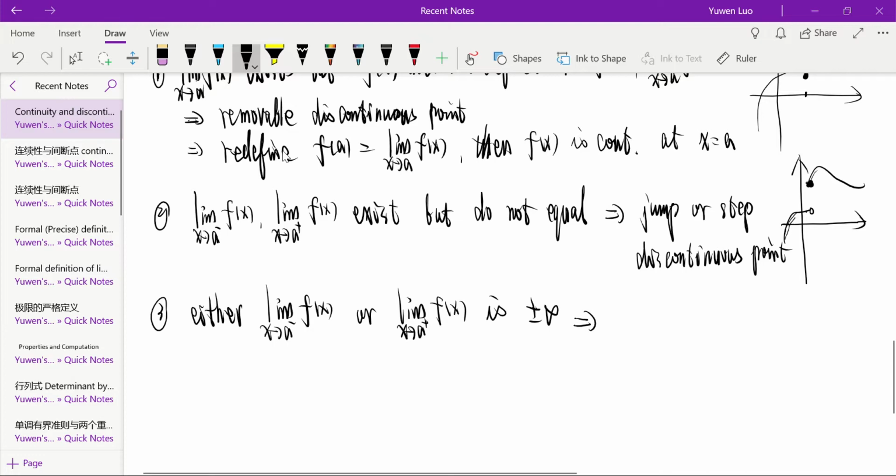We call this type of discontinuous point an infinite discontinuous point. From the graph, it should look like this.